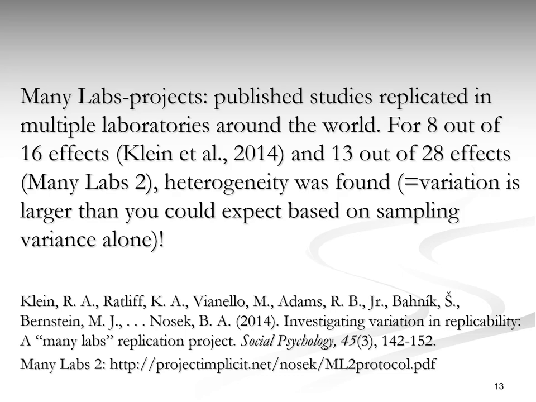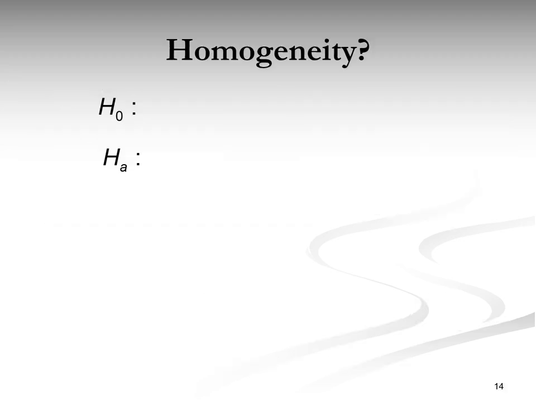So maybe the use of a fixed effects model is not very often, or maybe hardly, maybe never a good idea. But how can you know whether the assumption that the population effect size is the same for all studies makes sense?